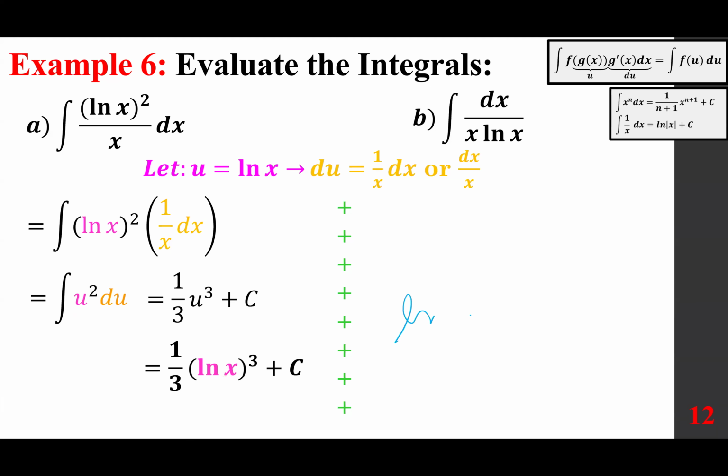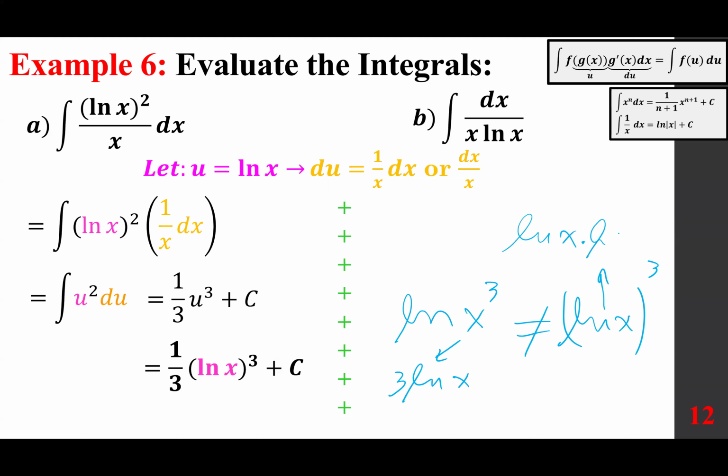Do not mix up these two. This is not equal to this, okay? Because this means 3 ln x, okay? This means ln x times itself 3 times. So the notation is important. Make sure you have the proper notation, everybody.